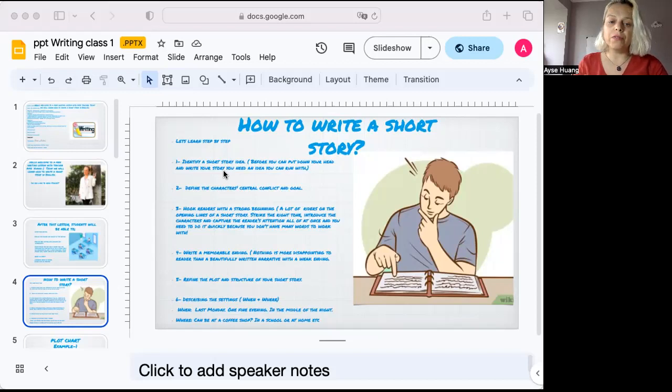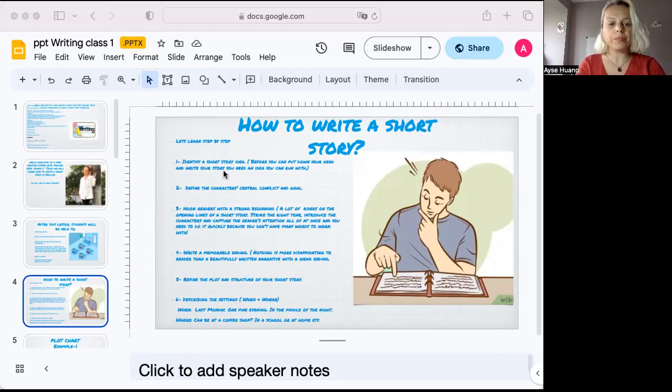A lot of readers rely on the opening lines of a short story to strike the right tone, introduce the characters, and capture the reader's attention all at once. And you need to do it quickly because you don't have many words to work with.